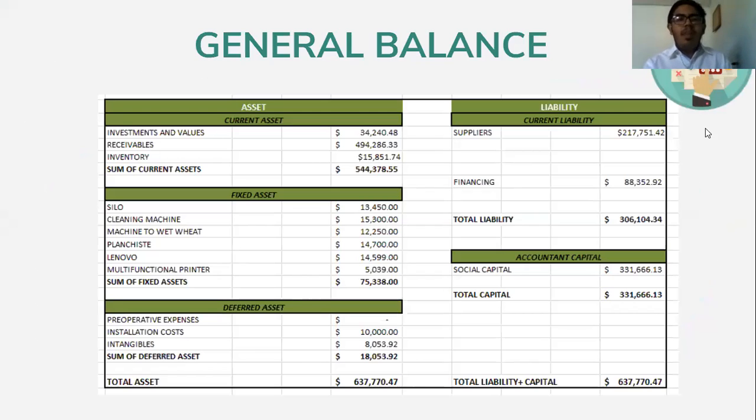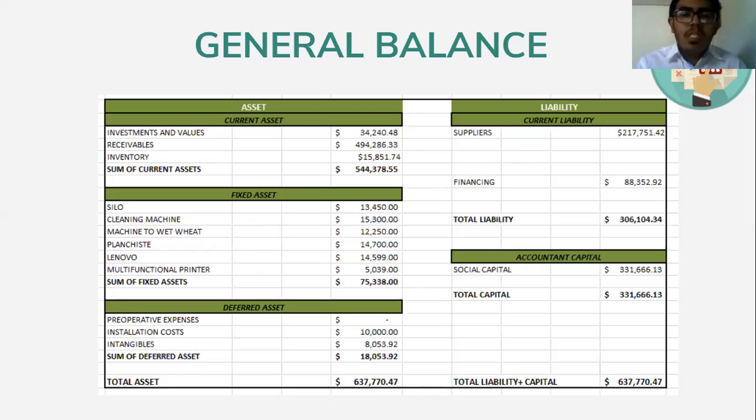Okay, this is an overall general balance. Basically, we are going to have our assets and our liabilities. The name by itself will tell us that it has to be a general balance. As you can see here, the total of our assets and the total of our liabilities plus capital give us the same value.